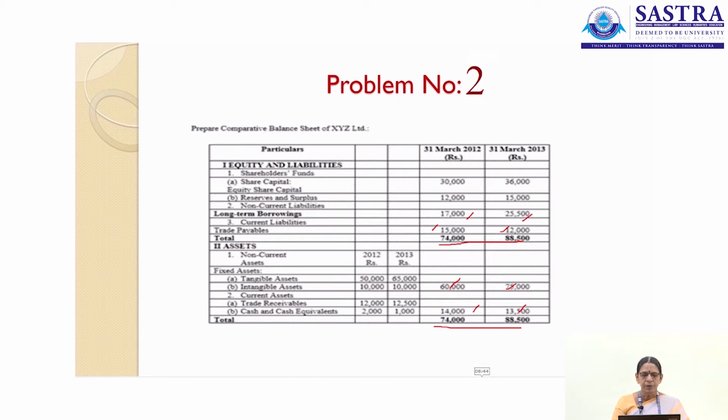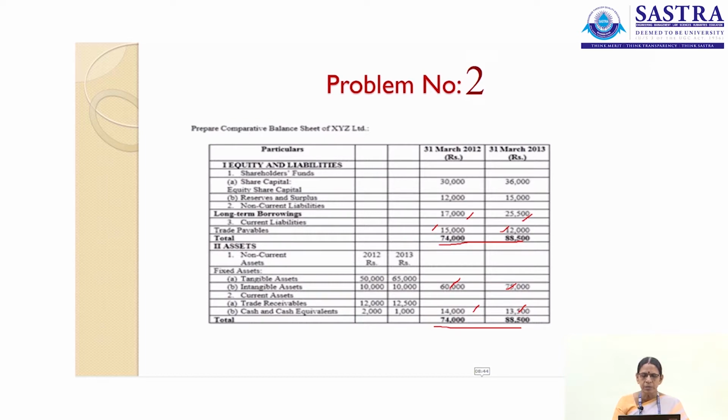Assets we have non-current assets, namely fixed assets, tangible it is 50, 65, intangible 10, 10. So totally we have 60,000 and 75,000. Trade receivables 12,000, 12,500. Cash and cash equivalents 2,000, 1,000. We have 14,000 and 13,500. Again the total of the balance sheet comes to 74,000 and 88,500.